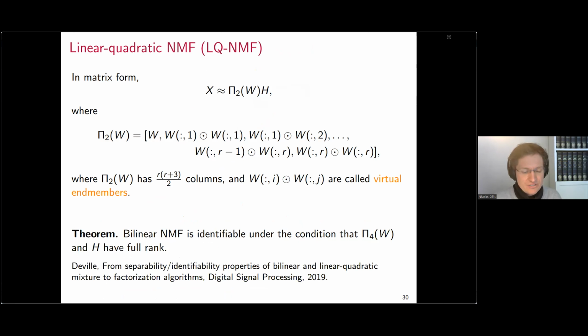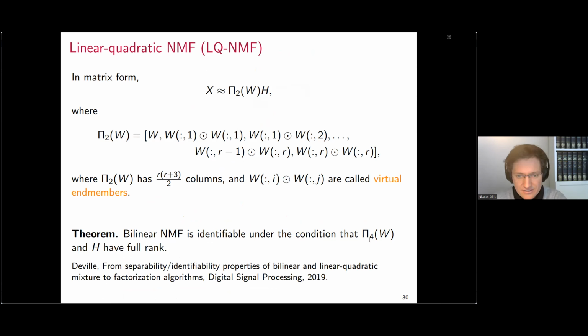In this case, you need only a full rank assumption on W, on H, and on this P4 of W, which is all the componentwise products up to order 4. I will not go into the technical details of why we need this, but it is quite nice. Under this full rank assumption, we have uniqueness without any other assumption.